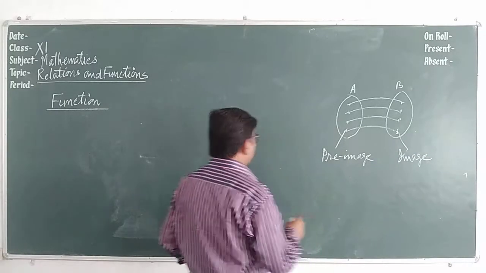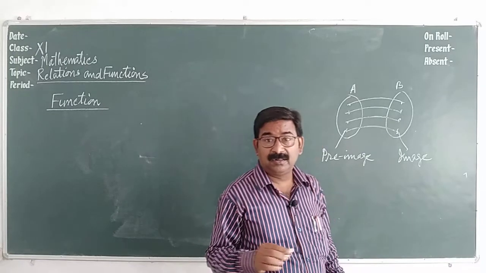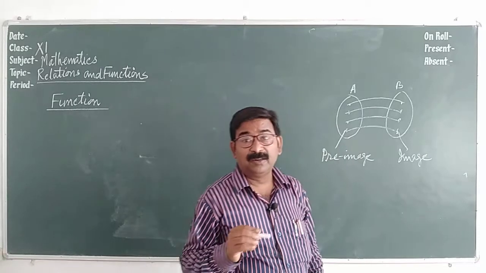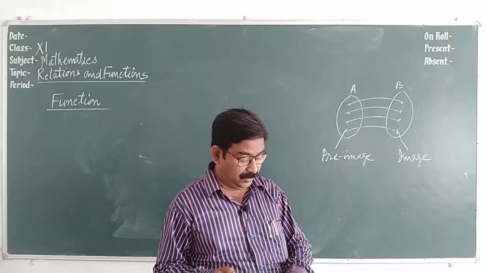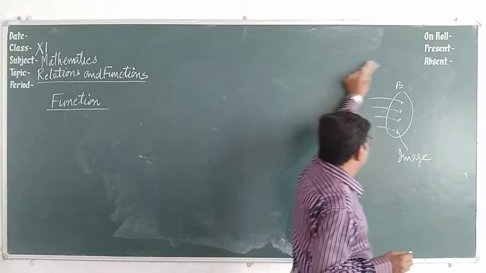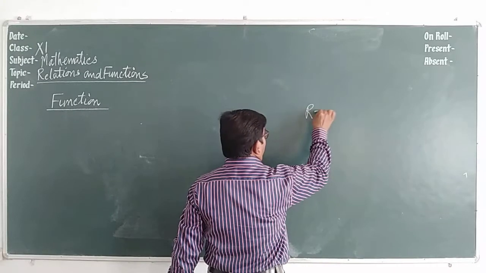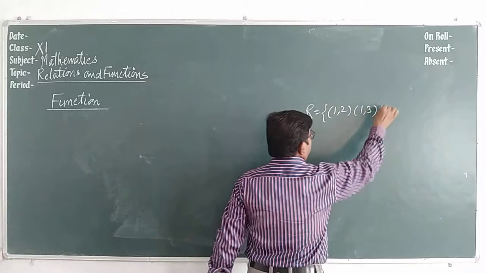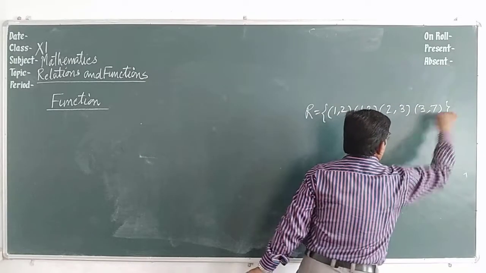Like suppose how to identify if you are given the ordered pairs. If you are given ordered pairs, then how to identify whether these ordered pairs are relation or function. Relation or function. So best way to identify, suppose I am writing here R is, we have 1 2, 1 3, 2 3, 3 7 and so on.